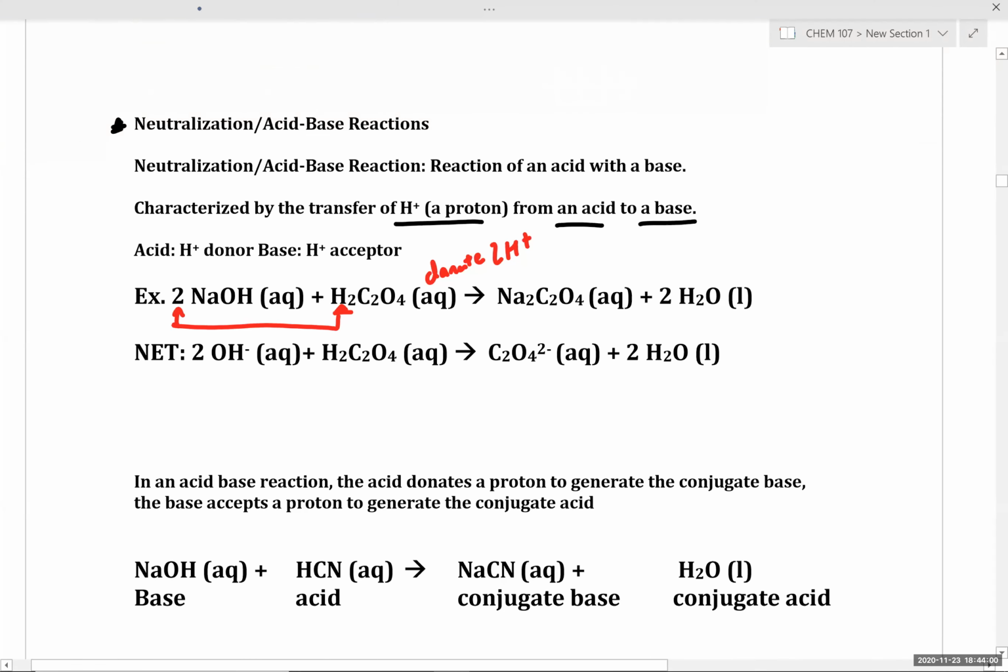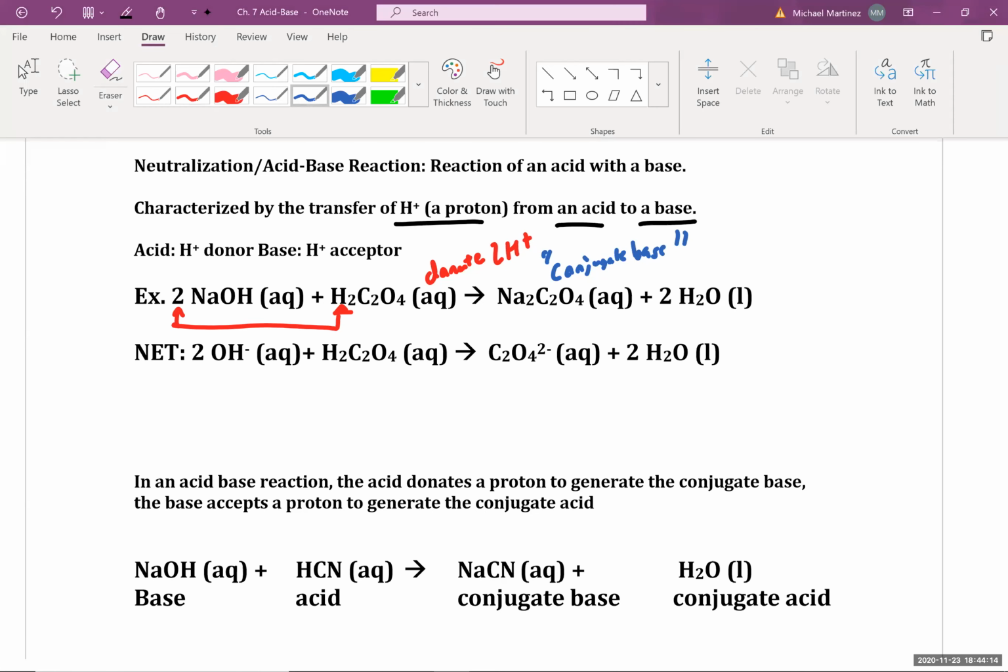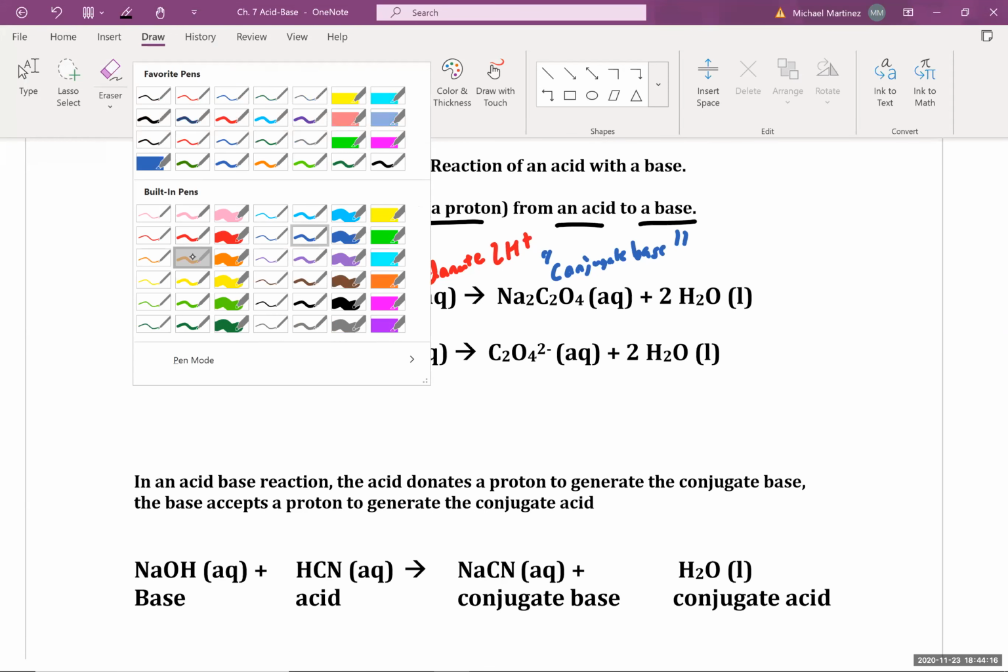So an acid-base reaction is characterized by the transfer of 1 or more protons from our acid to our base. That in turn generates the "conjugate base", in quotes because in this case it's not a genuine conjugate base, and the conjugate acid.